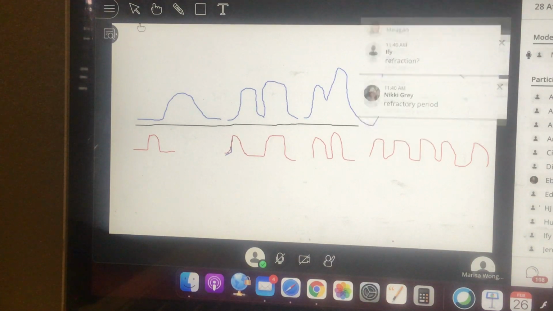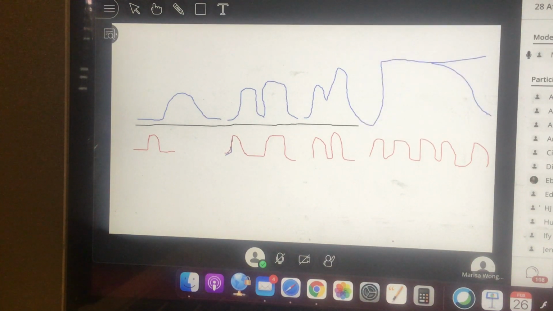Thanks. So the refractory period is something that happens in the heart after an action potential occurs. I've sort of drawn it in purple here. In the heart, we have a really long refractory period, which means that you can't have two action potentials sent back to back that would cause a tetanus.